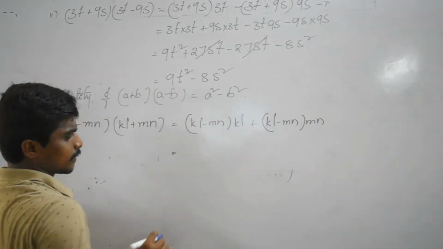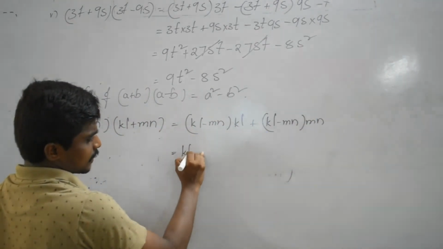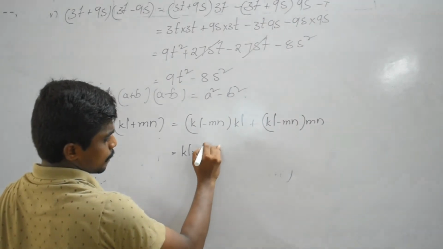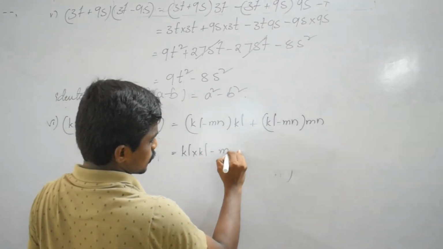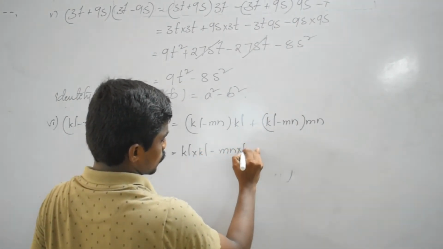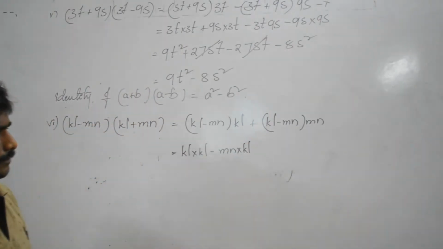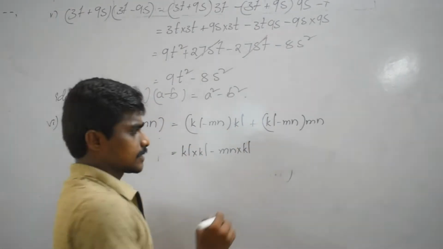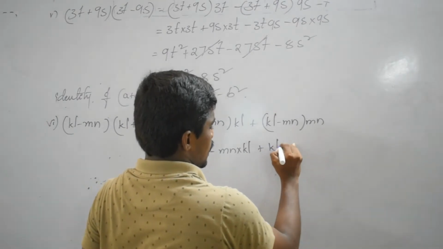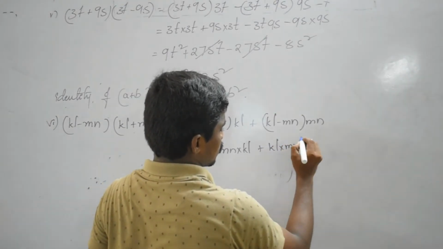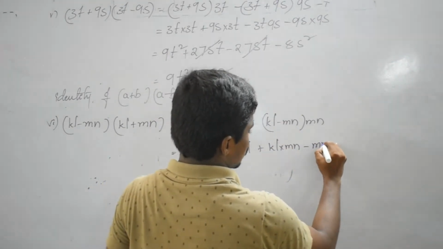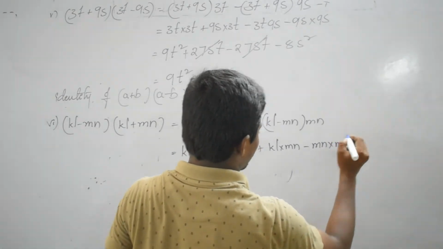So now here kl cross kl, minus mn cross kl, plus kl cross mn, minus mn cross mn.